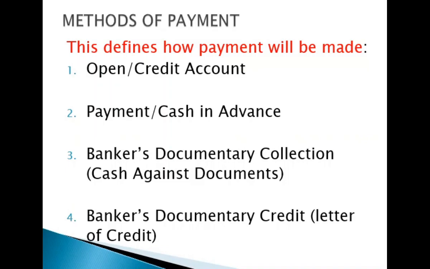Number 2 is payment or cash in advance. Number 3 is banker's documentary collection or cash against documents. Number 4 is banker's documentary credit, which is the letter of credit. These are the 4 hows of payment.